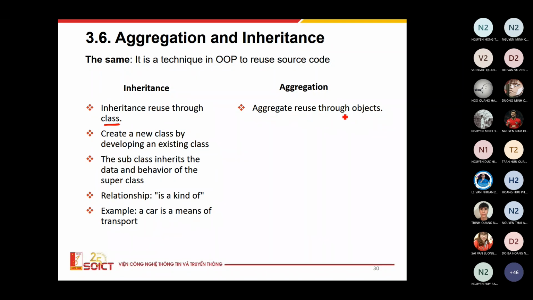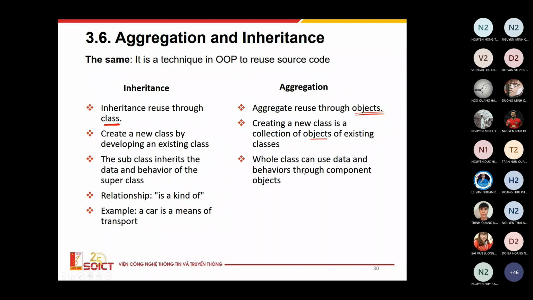Aggregation reuses through the object, using objects in the class definition. Inheritance creates a new class from an existing one, and aggregation creates a new class from a collection of objects of the existing class.